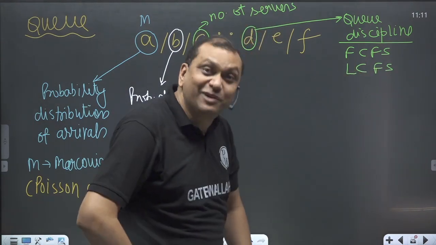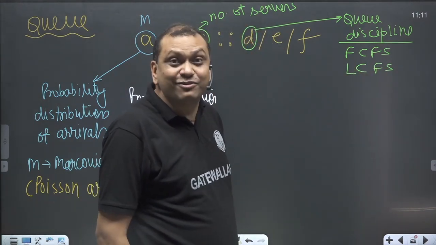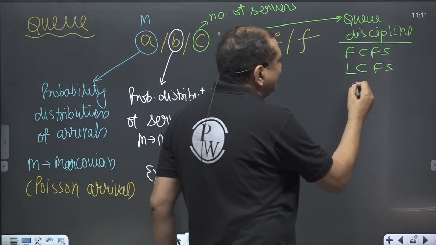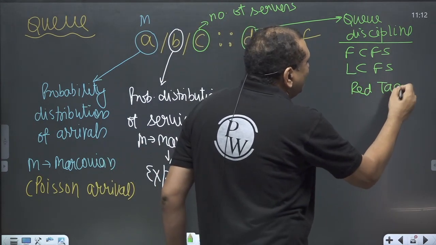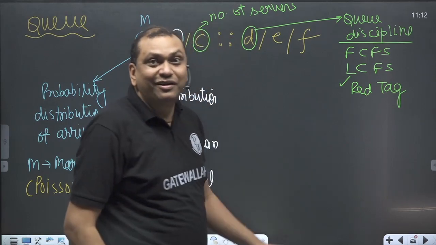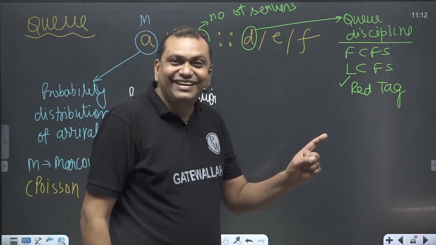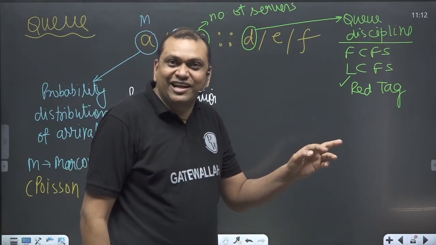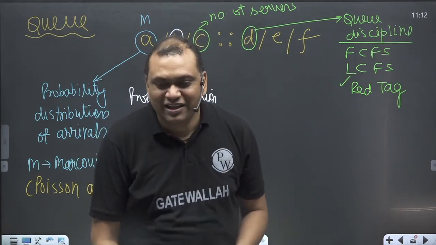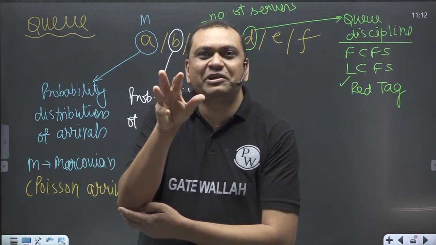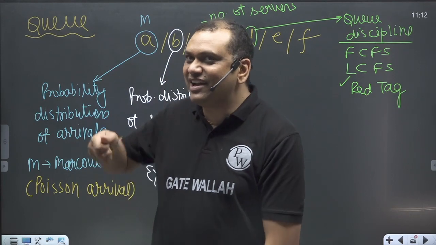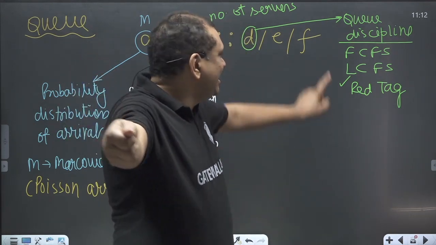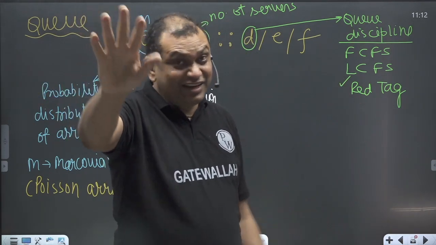That discipline is also there. Also the red tag. By the way, in India there are a lot of red tag queue disciplines. You know what a red tag is? Suppose some person comes with a VIP request. He will directly go, show the card and bypass all the queue. It's the red tag method.